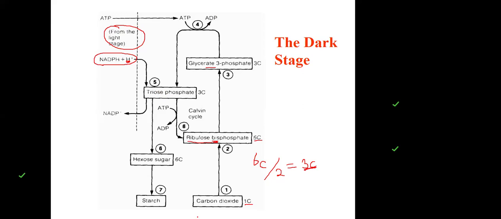Maybe let me annotate these words so that we can pick what I'm saying. So some books are going to call it PGAL in short, or others will call it GALP, which is phosphoglyceraldehyde or glyceraldehyde phosphate. These are just short words to mean the same thing as triose phosphate.